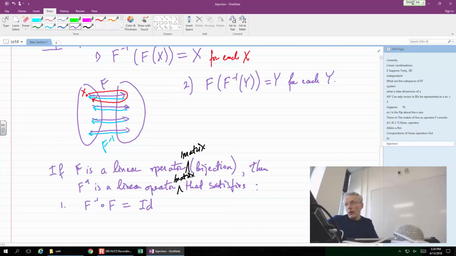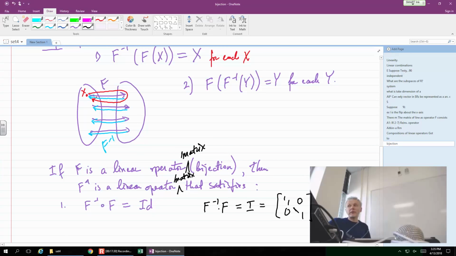Or if you prefer matrices, then for matrices it will be exactly the same thing. Notation is exactly the same: f inverse f, and there is the identity matrix, only we denote it simply by I. So Id stands for identity function or linear operator, but for matrices it corresponds to a matrix. Remember what it is: a matrix with all zeros except one on the diagonal.